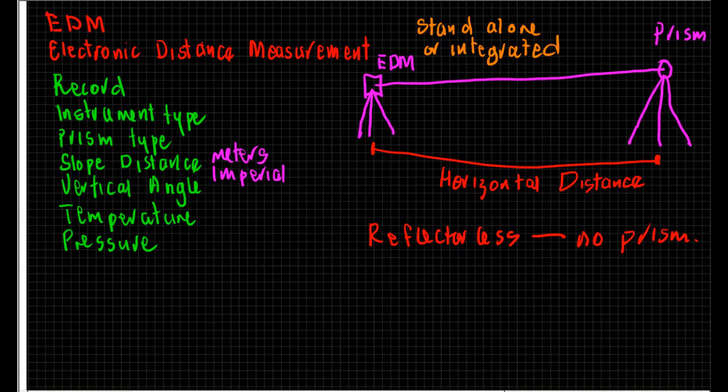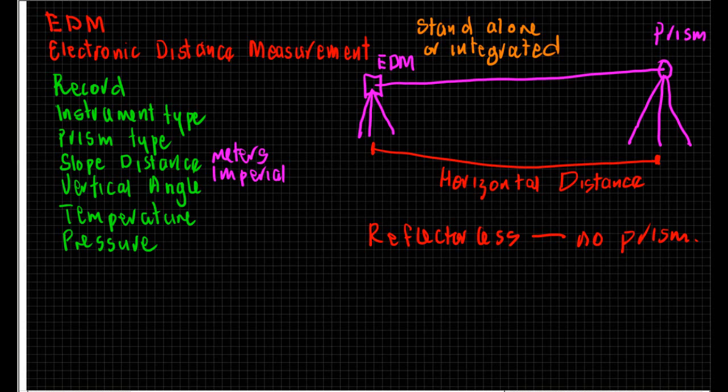So here's generally what we do, and we record the instrument type so that we know what corrections to apply and what the instrument is and what the accuracy is. We need to know the prism type. There are some corrections and adjustments that apply through there. We measure the slope distance and the vertical angle.